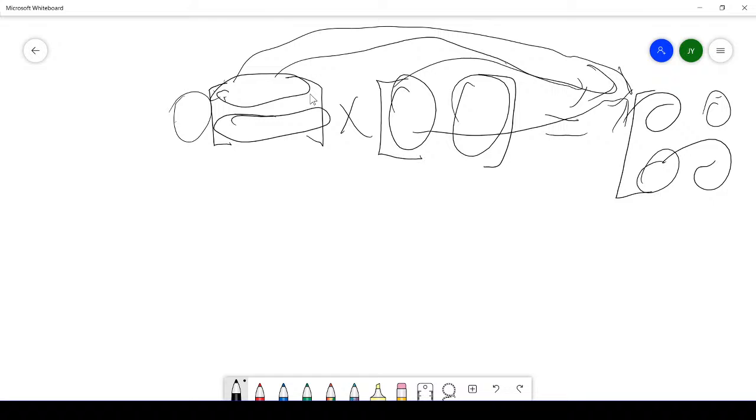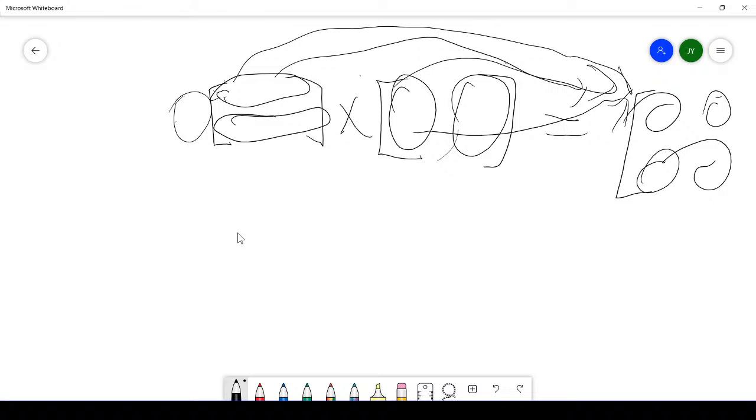We just multiply as many times as there are. As long as the width of this is 2, the width and the height need to be equal. But what you need to remember is that orientation clearly matters.